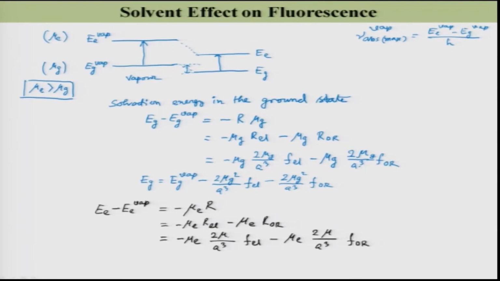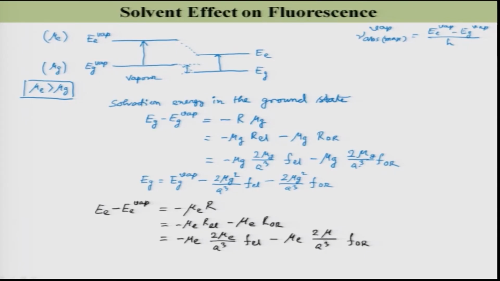Now, the question is which mu I should put over here. The electronic change is very fast, so that mu should be mu E. However, this is the orientational change, that is orientational relaxation.